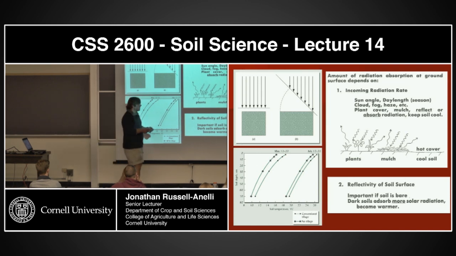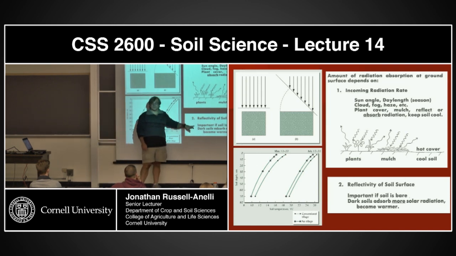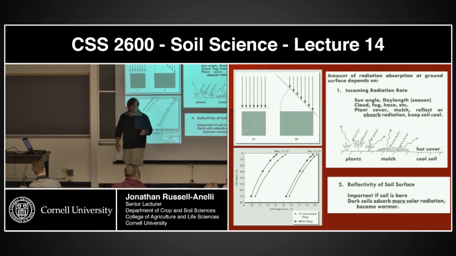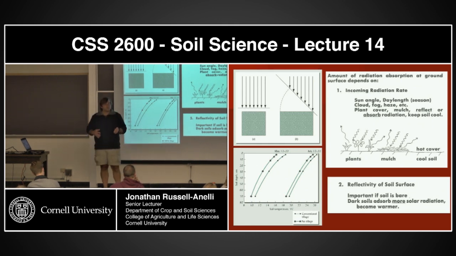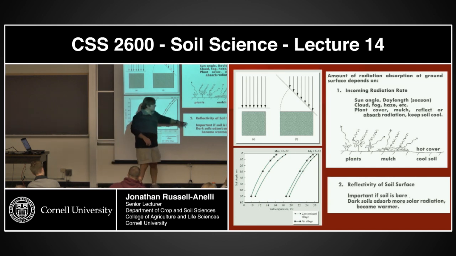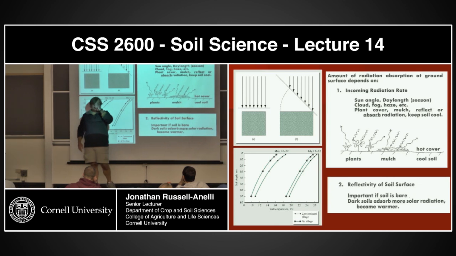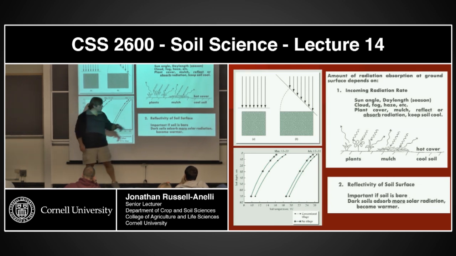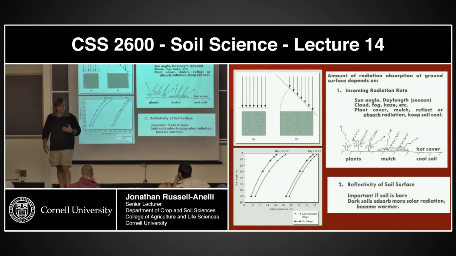The other thing is the object itself, the reflectivity of that object, how likely it is for that material to absorb the energy versus reflect it. This is extremely important when we're talking about bare soils, because you can certainly imagine that dark materials are going to absorb more energy than light materials.